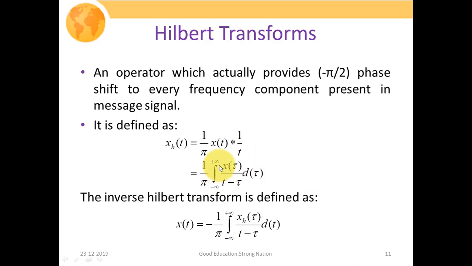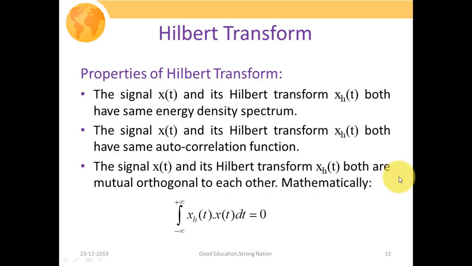It could be written as 1 over pi, integration from minus infinity to infinity, x of tau over t minus tau d tau. In a similar manner, the inverse Hilbert transform is defined as x of t is equal to 1 upon pi, integration from minus infinity to infinity, xh of tau over t minus tau d tau.